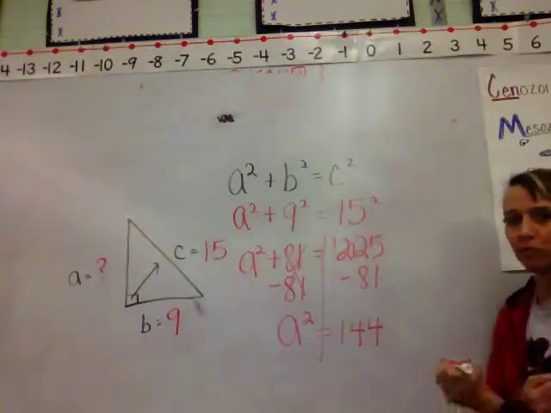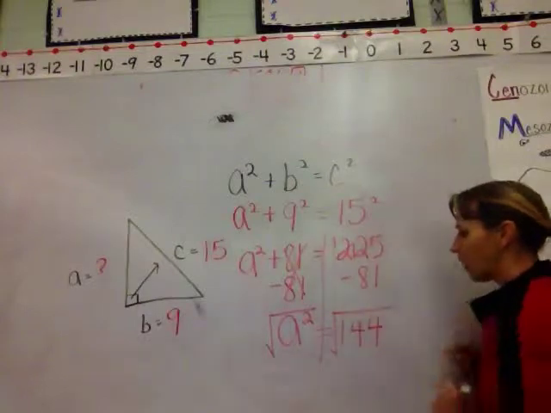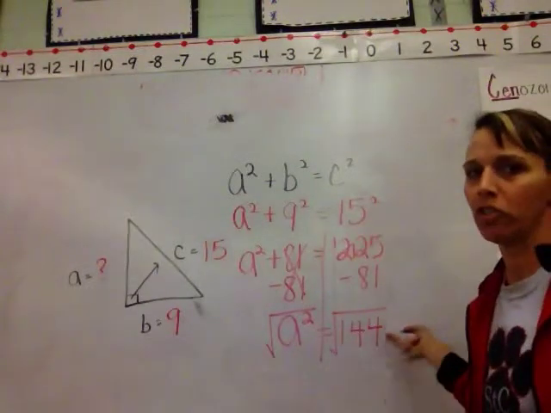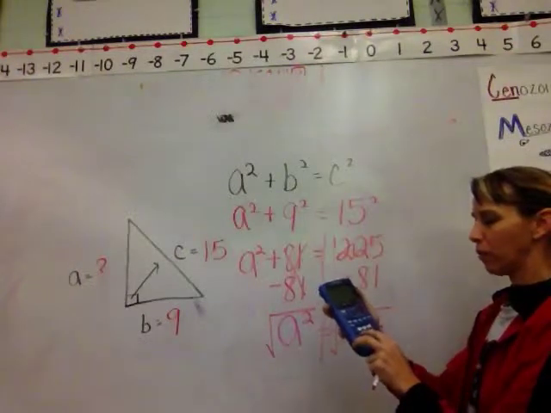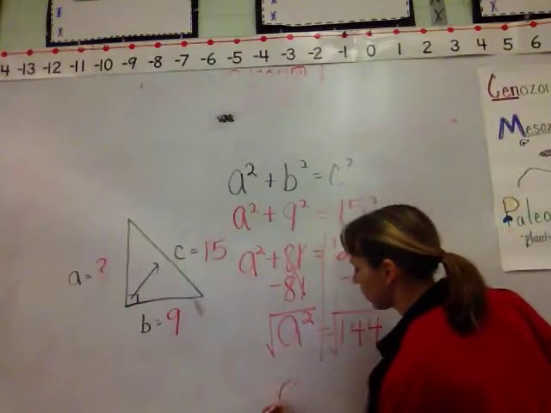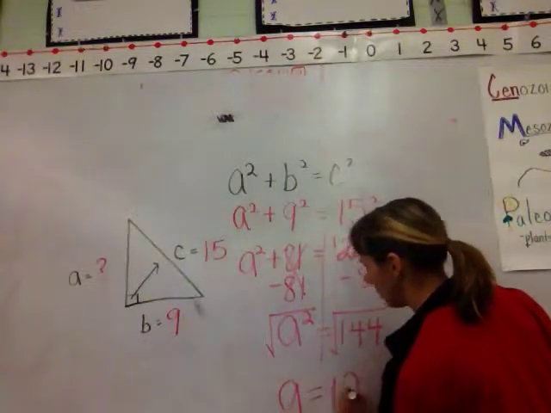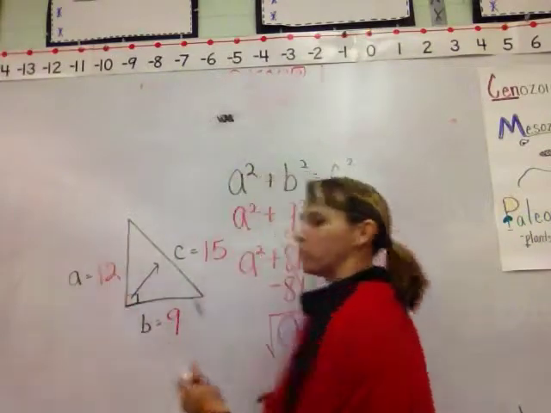I get 144. Take the square root of that. My calculator, this is a perfect square, but just as a reminder, you would hit second, x squared, 144 and enter, and you're going to get 12. A is equal to 12. That would be your other leg.